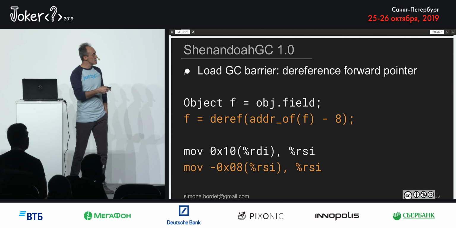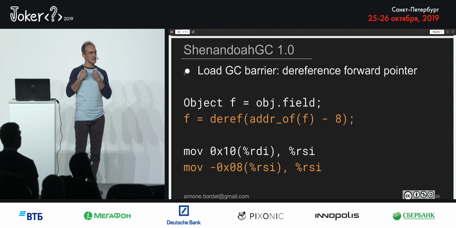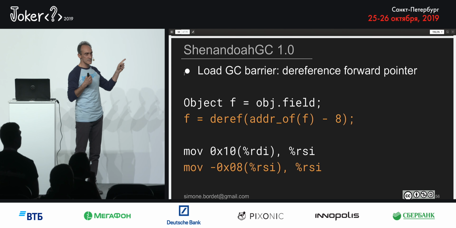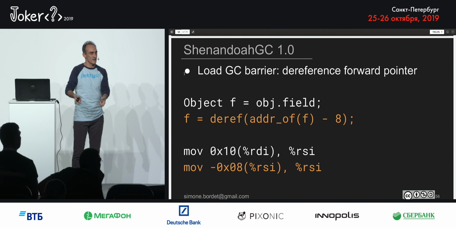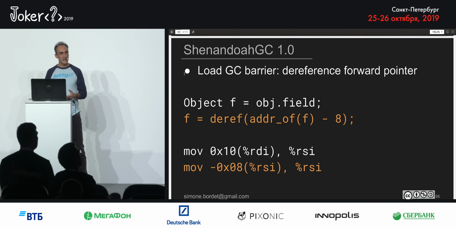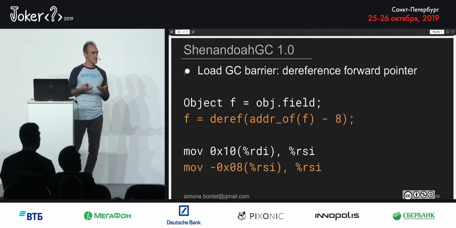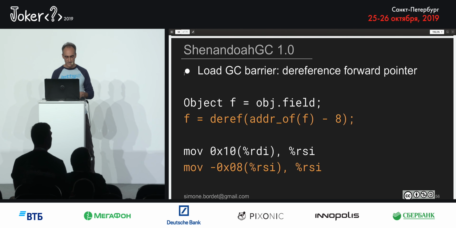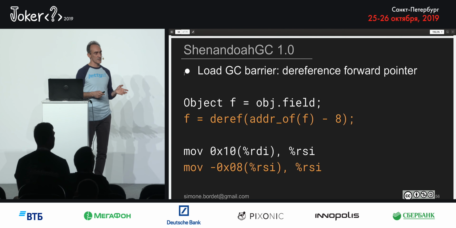And what I do is I take the RSI register, move back 8 bytes, you see, minus 0x08, and then the value that I find there, I store again in the RSI register. So this is what needs to be done every time you load a reference from the heap, right? And so this barrier is always executed.